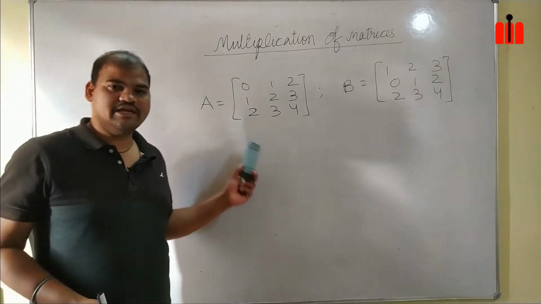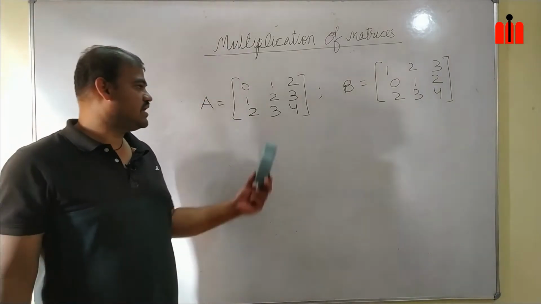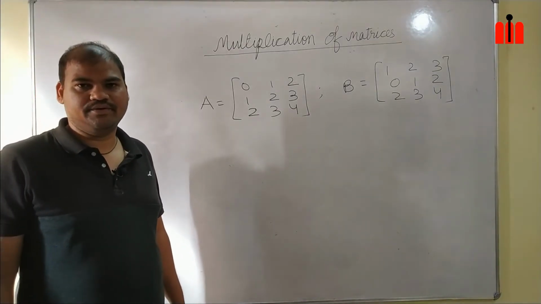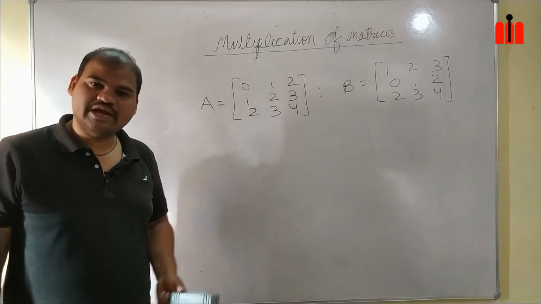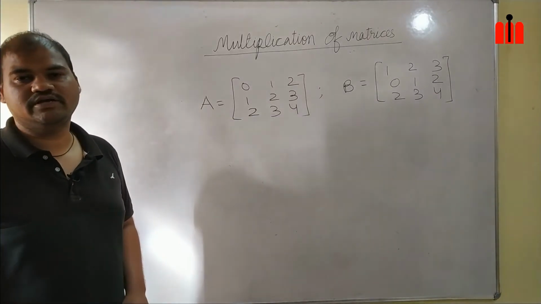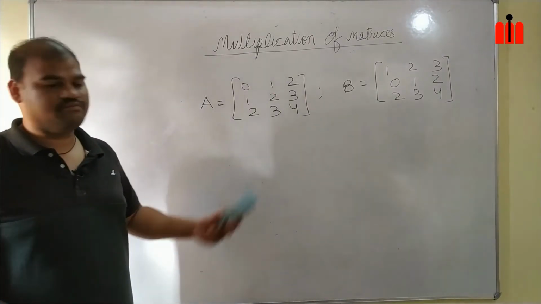This is my A matrix and this is my B matrix, with order 3 by 3. A is a two-dimensional matrix of order 3 by 3 and B is a two-dimensional matrix of order 3 by 3, and the elements are shown here. These are the numbers.